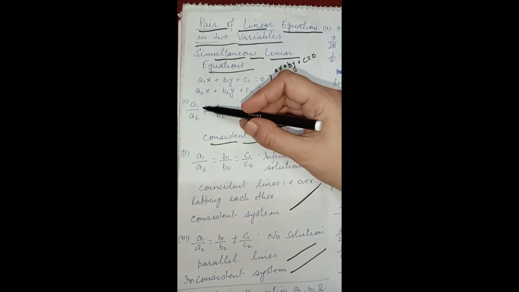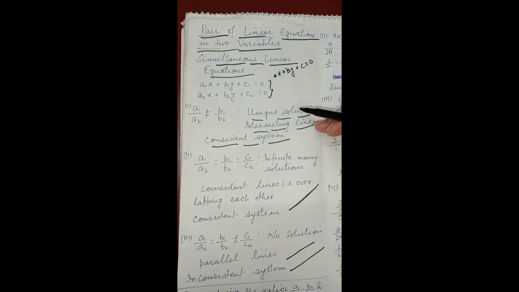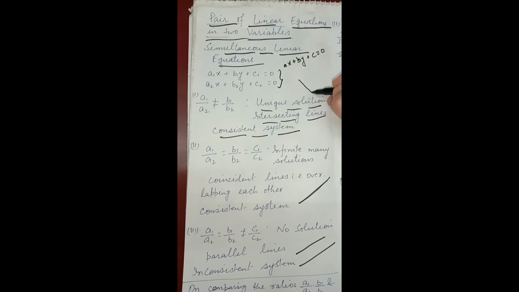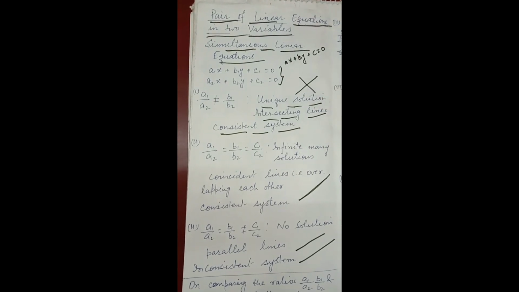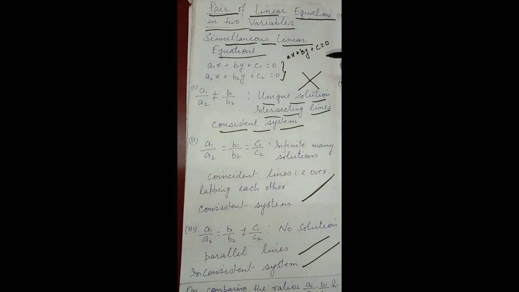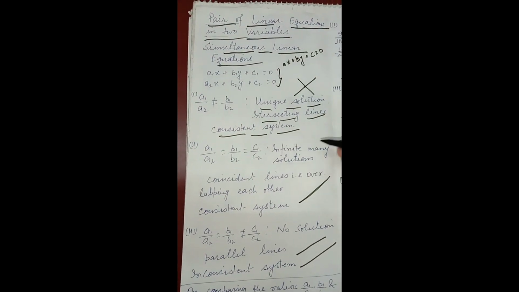In the first condition, if they are not equal, then we will have a unique solution, meaning one and only one solution. When we draw the lines, both lines will intersect at one and only one point. This point will be the solution. We will draw these lines on the graph paper. And the system will be known as a consistent system.